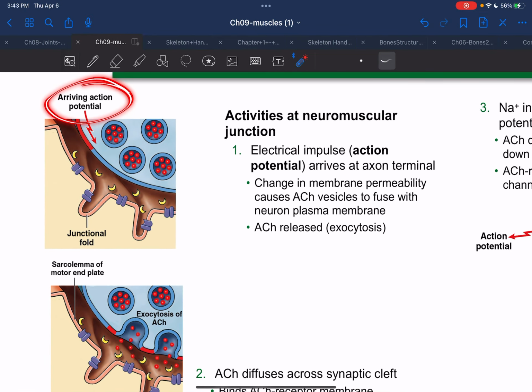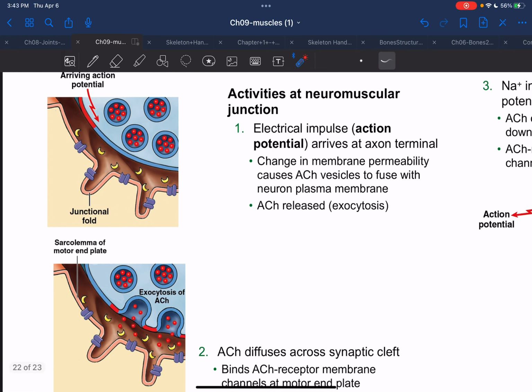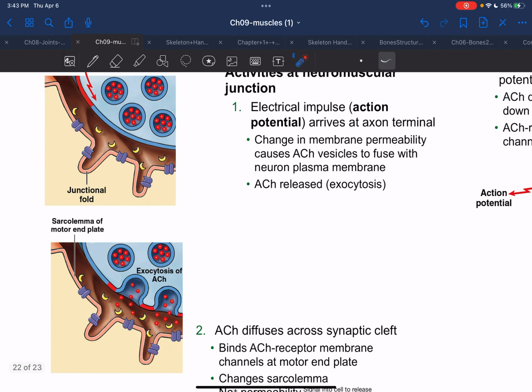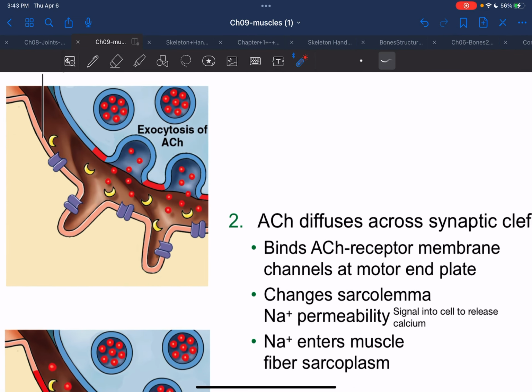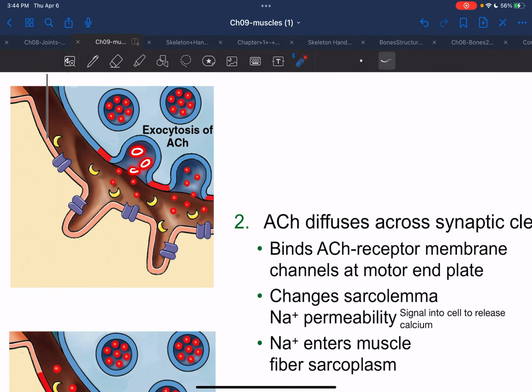when the action potential finally arrives at that muscle cell, what we can expect is going to be logical here. The acetylcholine is going to be released to bind to its receptors. So that's what's denoted by this arrow here. And as the acetylcholine undergoes exocytosis. Remember, exocytosis is when vesicles release their contents into the outside space, right, outside of the cell.